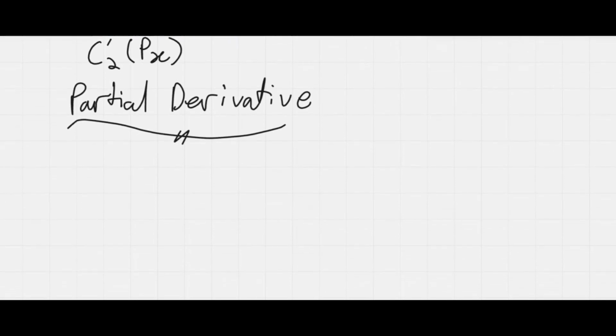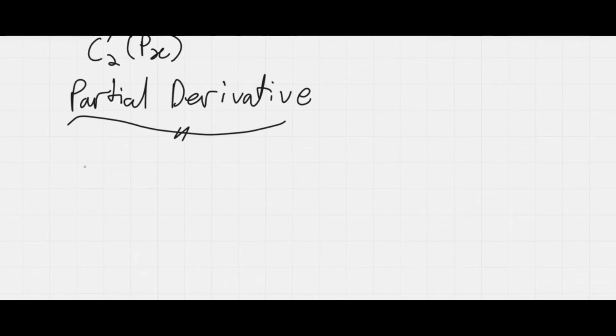And in that regard, we might have a function, for example, f of ab, and we can define the partial derivative of f with respect to x and with respect to y using notation that is very much similar to what we might have learned at the very beginning of single variable calc.